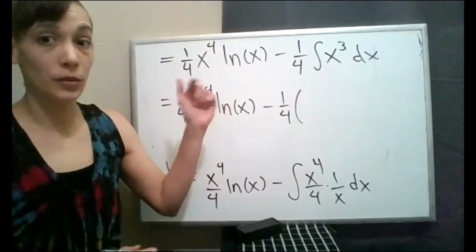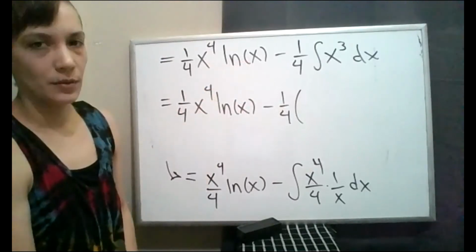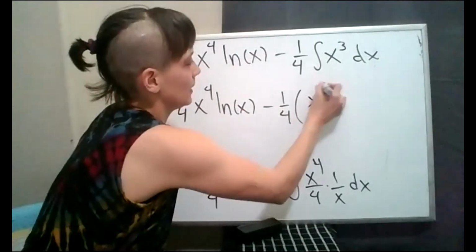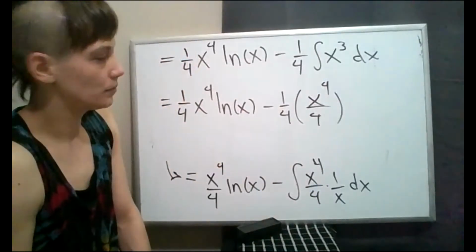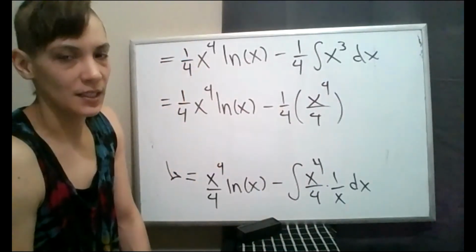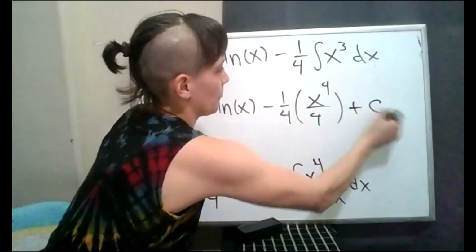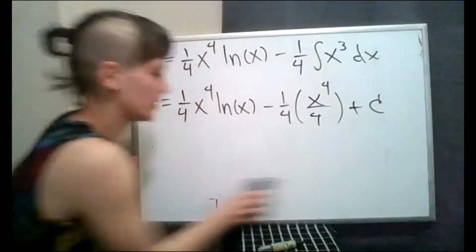Okay, x to the 4th over 4. I thought that was going to be more interesting, but there's nothing that's going to simplify. So we're going to add some number c. And maybe write this one last time. Final answer.